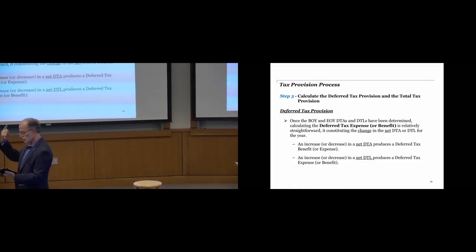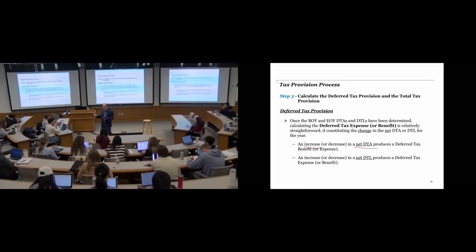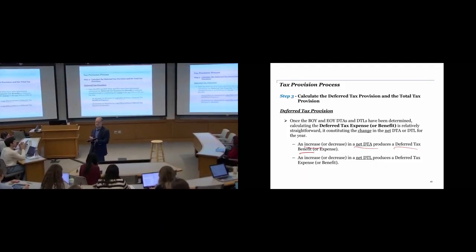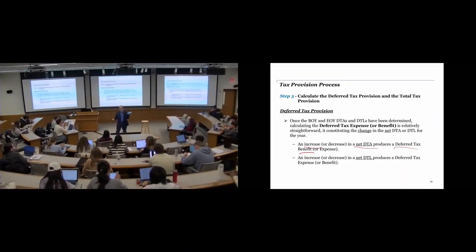An increase, so ignore the parenthetical for a moment, an increase in a net DTA produces a deferred tax benefit. Right? Because if I increase my DTA, think of my journal entry, debiting deferred tax asset, credit, toggling over to the income statement, reducing deferred tax expense. That's a good guy.